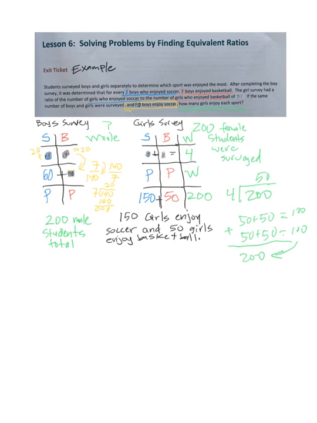And that is when you use a 3-to-1 ratio and you have a total of 200 girls.